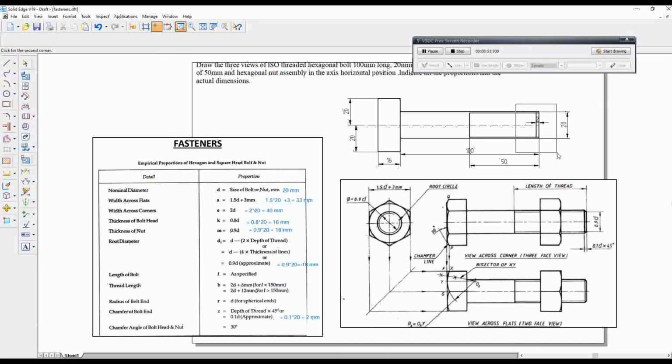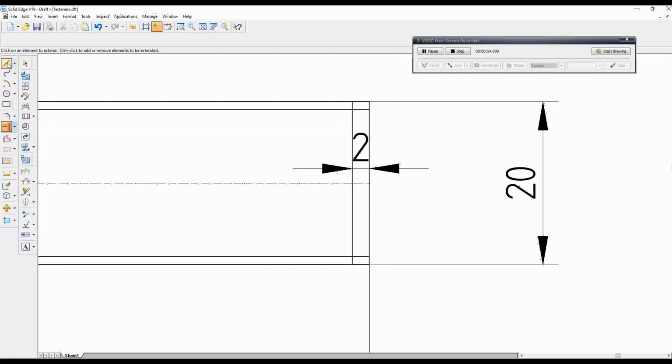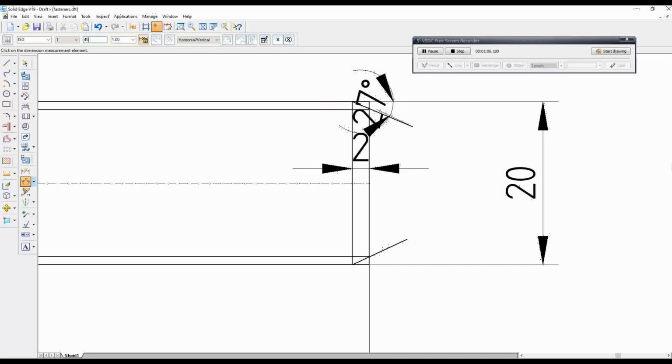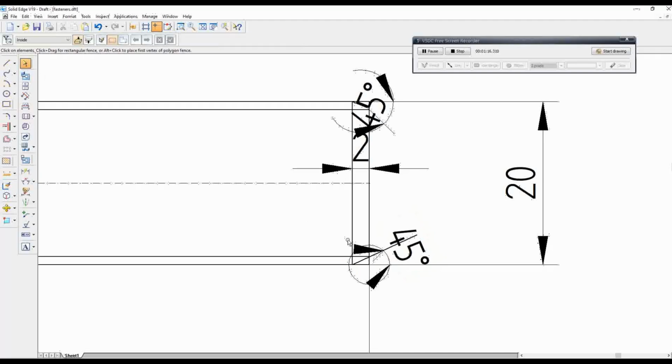Now I'm going to draw a line at an angle of 45 degree from this end, and from this end, the angle with respect to horizontal should be 45 degree. So now I'm going to delete this 45 degree only.